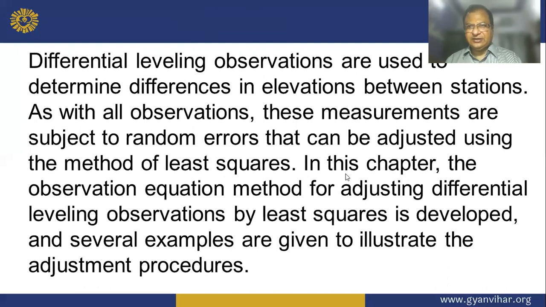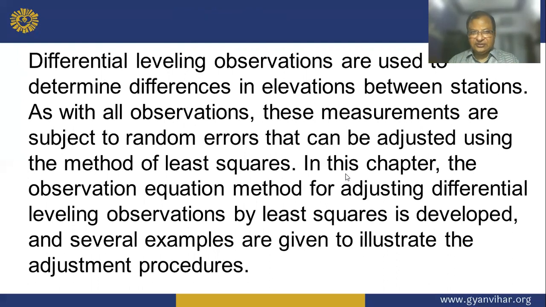Differential leveling observations are used to determine differences in elevation between stations. As with all observations, these measurements are subject to random error that can be adjusted using the method of least squares.